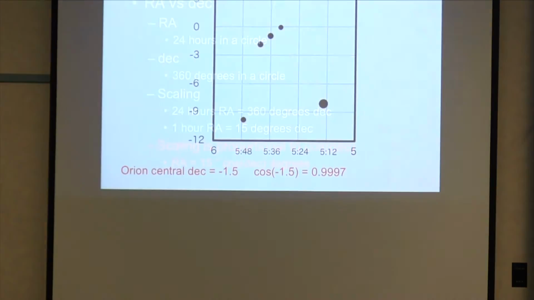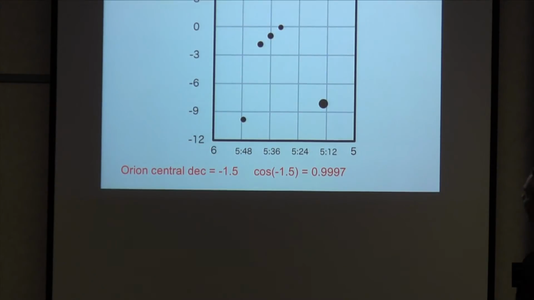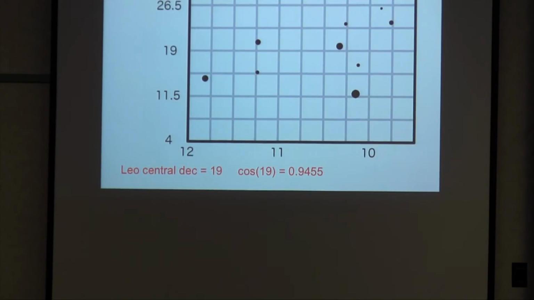Let me show you. For Orion, the central declination on this plot is -1.5 degrees. The cosine of -1.5 degrees is 0.9997. So when you take a plot around the equator, that 15-degree scaling is roughly accurate. The deviation is down in the second, third and fourth decimal place. So you're going to get this one right. For Leo, the central declination is 19 degrees.